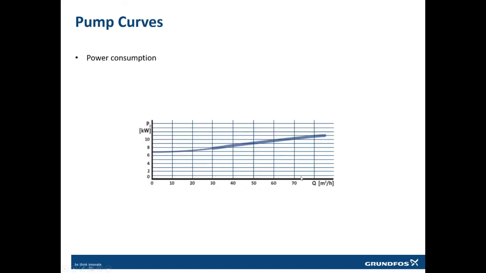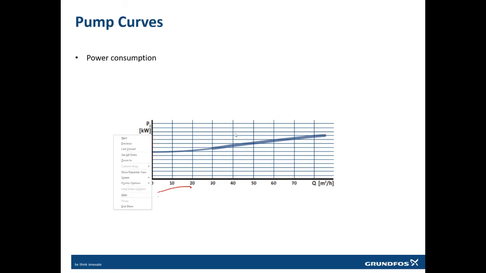Then the power consumption: how the power will increase if the flow is increased. Once the flow starts increasing, the power also starts increasing. This point here is the maximum power this pump will take. So if I plot it here, this will be around something.